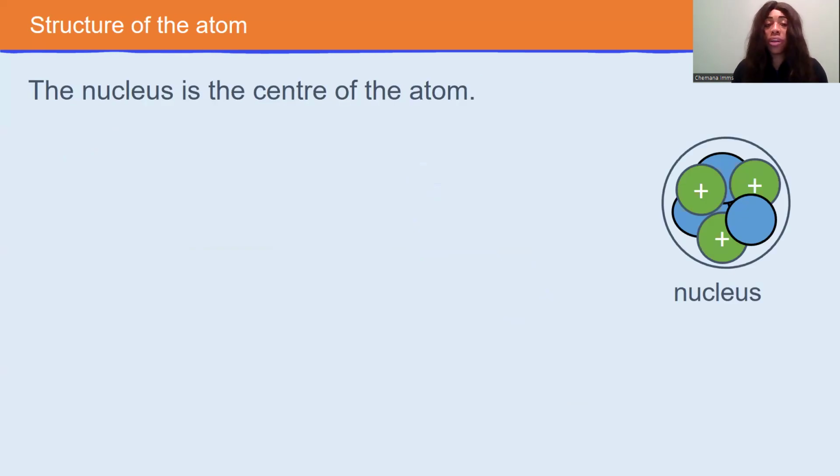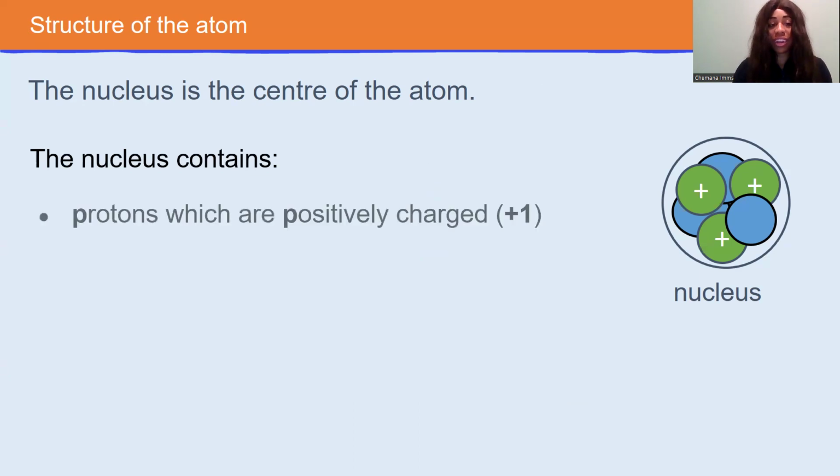Okay, so the nucleus is what we say is the center of the atom. So if I just draw your attention, when I spoke to you previously, I said the protons and the neutrons were together. Now the protons, I'll just remind you, are the green circles that you can see with the positive charge inside. And the blue circles, well, those are our neutrons. So the nucleus contains protons.